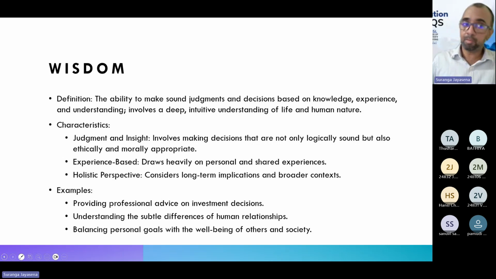Okay, so a few examples of the usage of wisdom: especially when you provide professional advice as a QS for a certain investment decision; understanding subtle differences in human relationships; and balancing your personal goals with the well-being of others and society at large, which will showcase your wisdom.